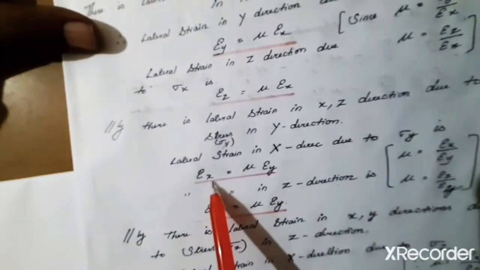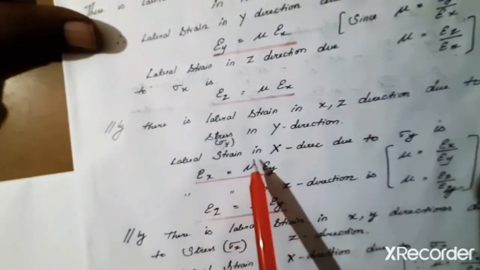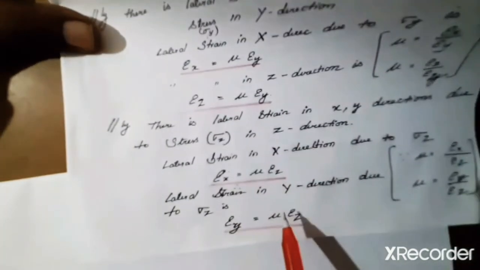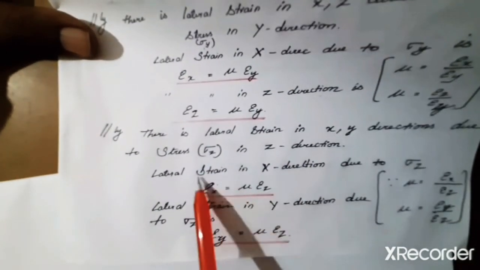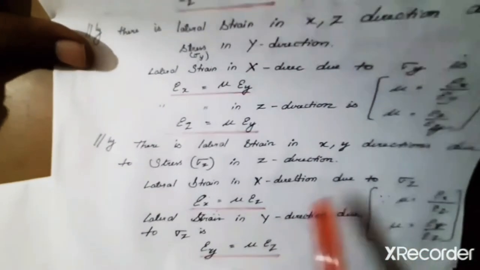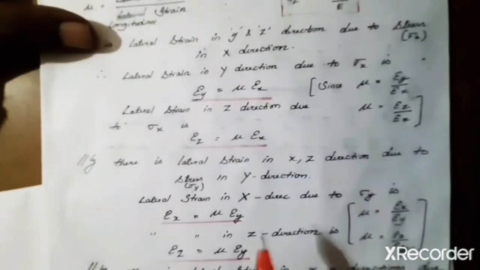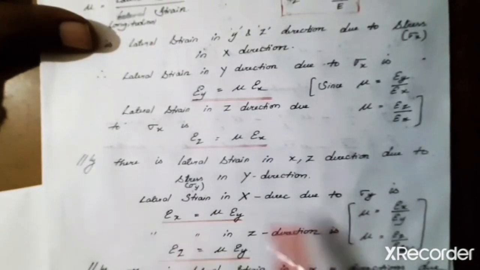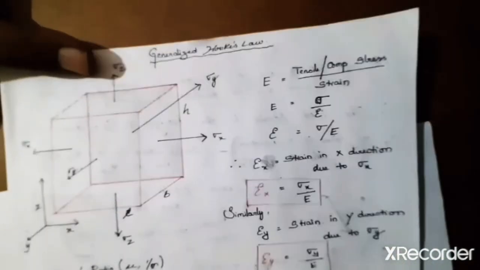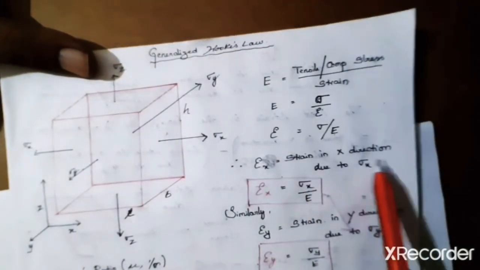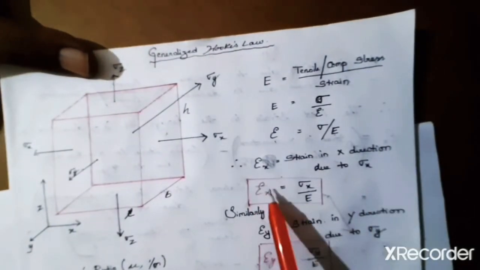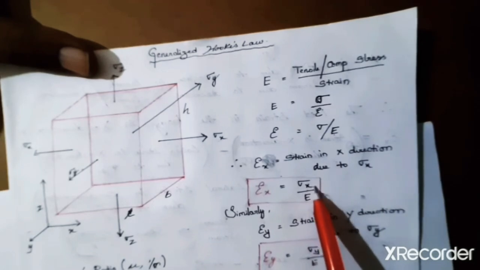But if you see here, this is nothing but lateral strain in y direction. And here we have lateral strain in x direction due to sigma z, and in x direction, you have lateral strain because of sigma y, and in x direction, you have a longitudinal strain because of sigma x.